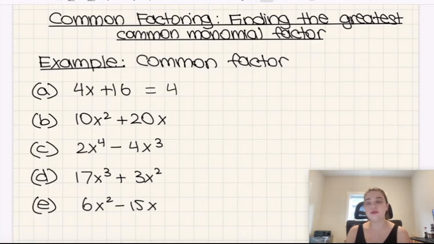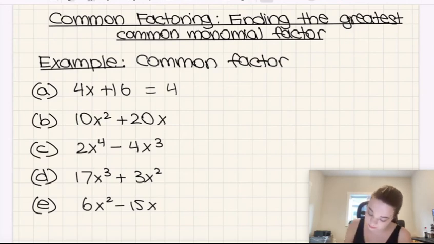Now, the thing is, only one of these terms has a variable. 4x has the variable x, but 16 is a constant and doesn't have any variables. So therefore, we can't factor out x or any power of x from both, because only one of these terms has that in the first place. And so the greatest common factor between 4x and 16 is 4.